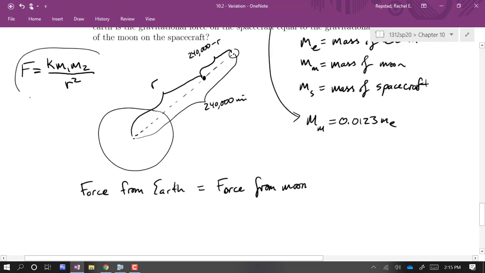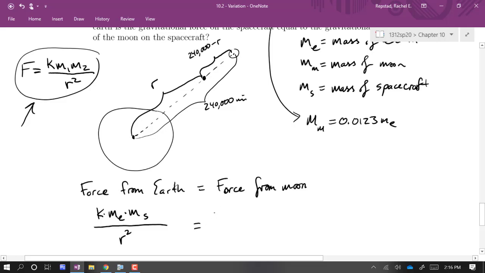And so I'm going to use this expression here, set those forces equal to each other. So the force from the Earth will be some constant k times the mass of the Earth times the mass of the spaceship divided by r squared, because r is the distance from the Earth to the spacecraft.